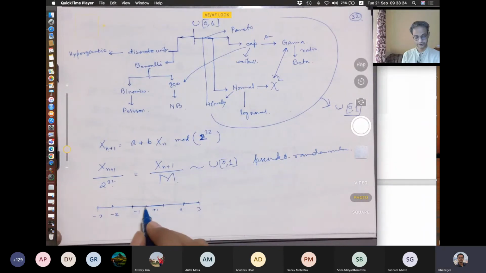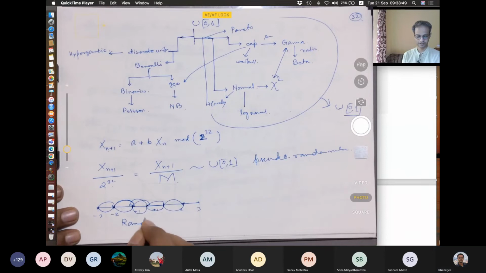So first I win, then I win, then I lose, then I lose, I again lose, I again lose, then I win, then maybe I win, then I lose, then again I lose, then again I lose, then maybe I win. In this way the transition can happen, and it is called a random walk on the integers.